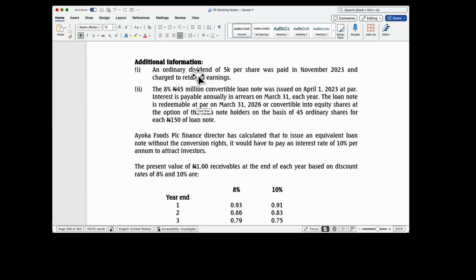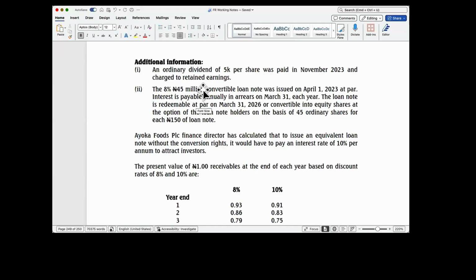Interest is payable annually in arrears on March 31st each year. The loan note is redeemable at par on March 31st, 2026 or convertible into equity shares at the option of the loan note holders on the basis of 45 ordinary shares for each 150 naira of loan notes.